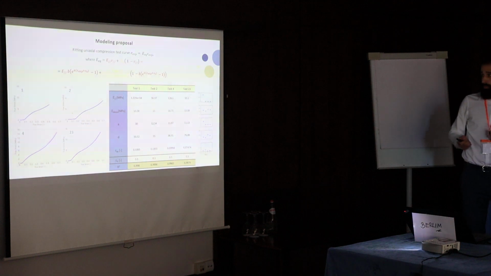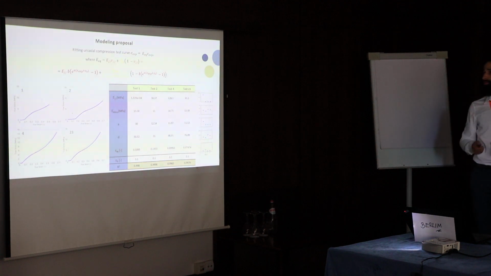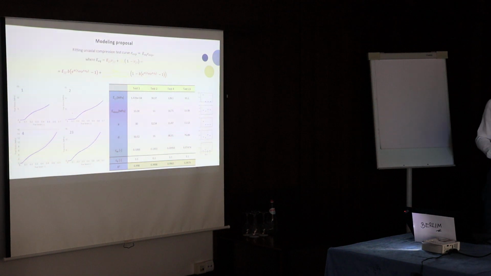So we now have a mathematical description that can be useful, for example, to write a user-defined material for finite element software. It may also support the idea that the mechanical response of the material is a contribution of the aligned and disordered regions.